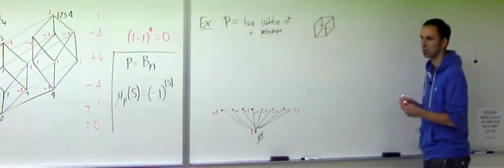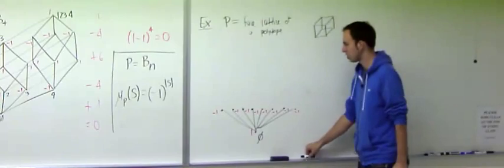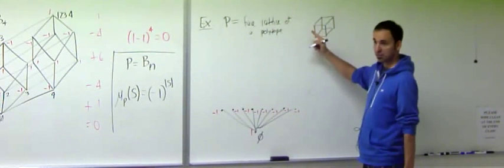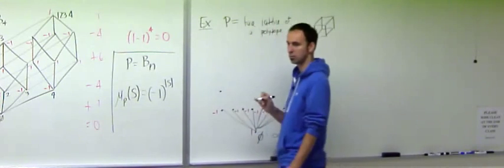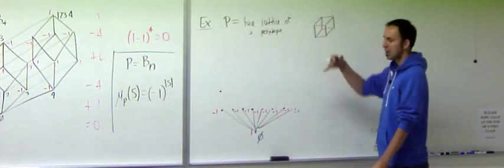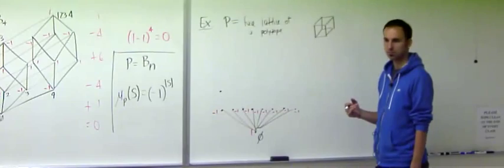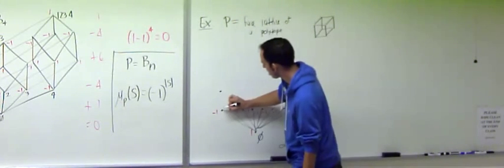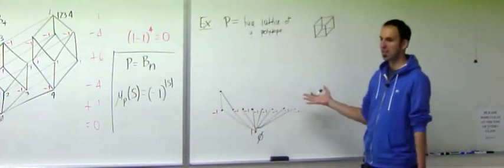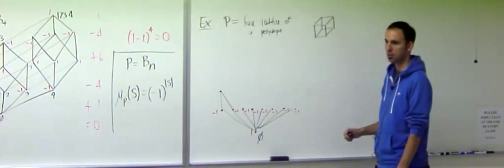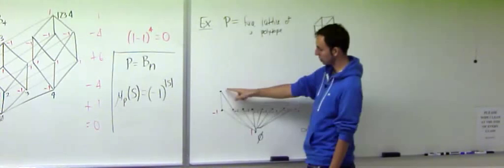Okay? Let's move to the next level. We have edges. Let's consider an edge. How many elements are below that edge? 2. Depending on which edge, it's going to be 2 different ones, but the point is that it's always 2.